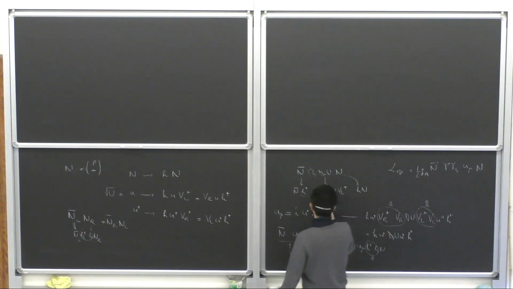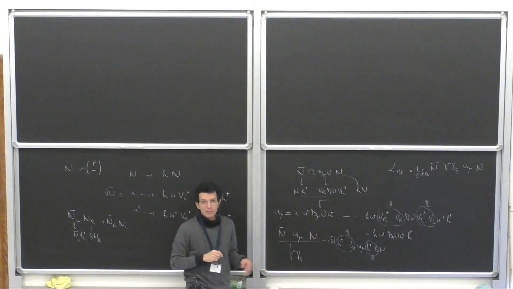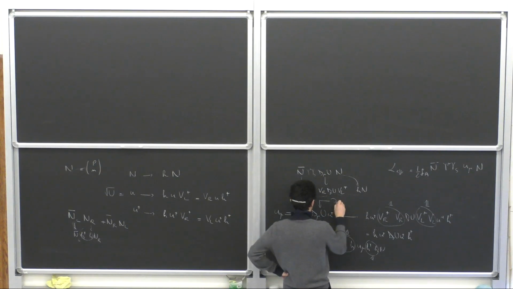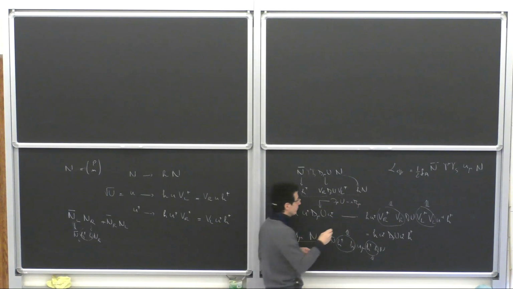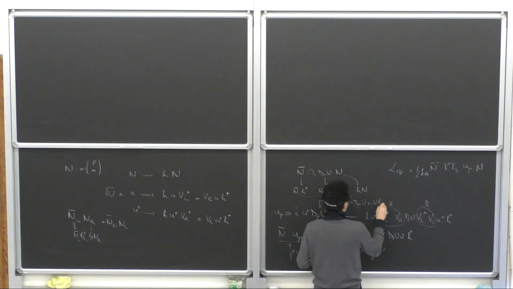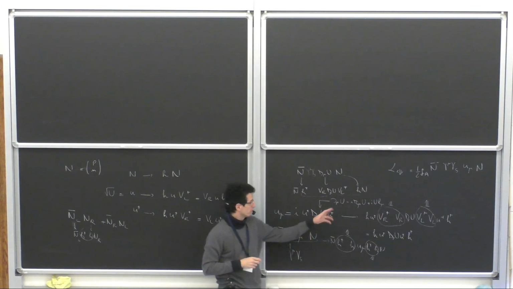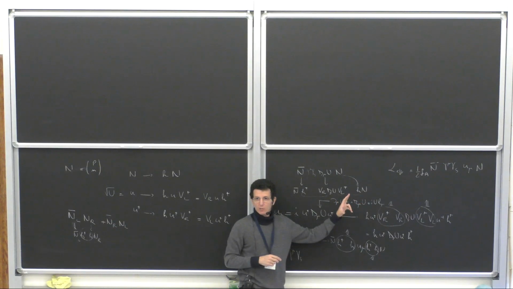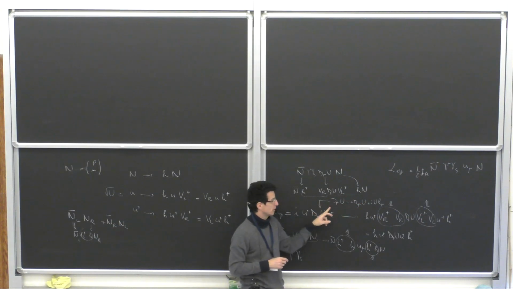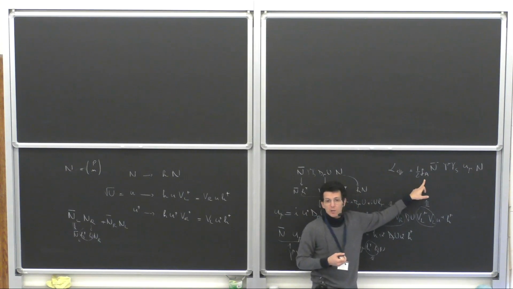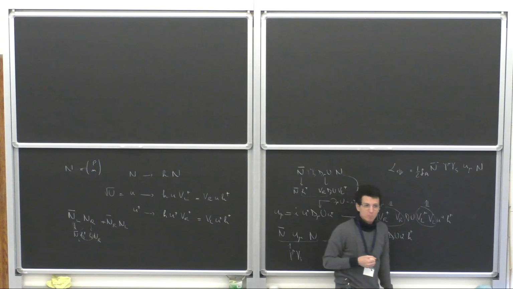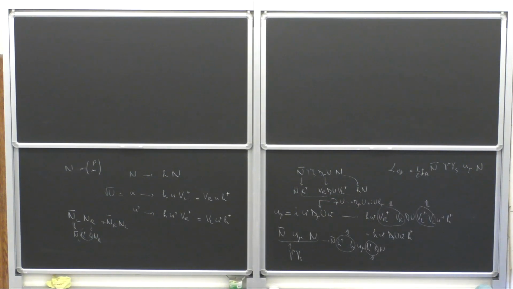Remember that in the covariant derivative of the pion field there are also external currents. We wrote the explicit expression for the covariant derivative of the pion field last time, and it had the right current at the left and the left current on the right, as usual. The axial current is the combination R minus L, so it is present here. So this is why the low energy constant is dictated by the coupling of the nucleons with the axial current.